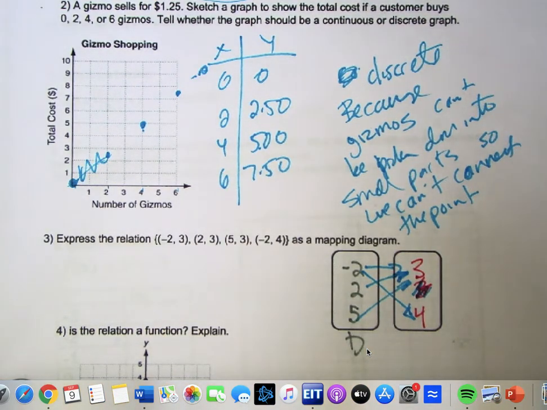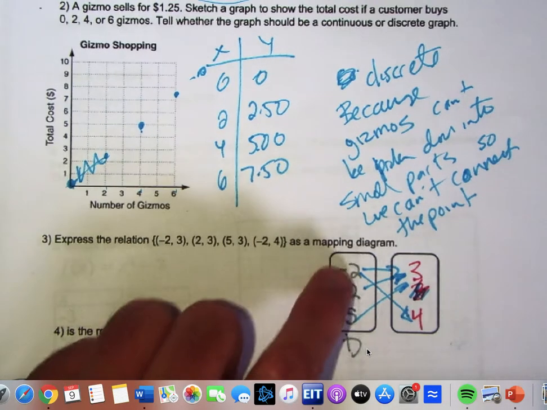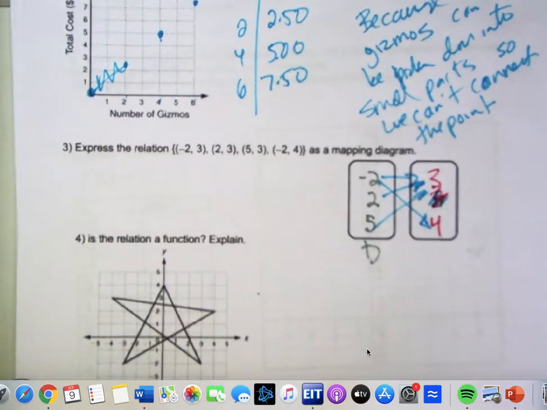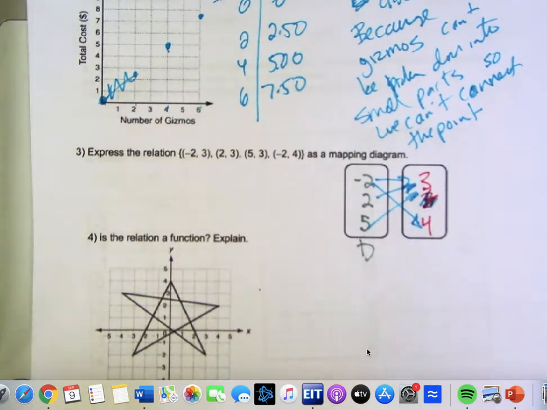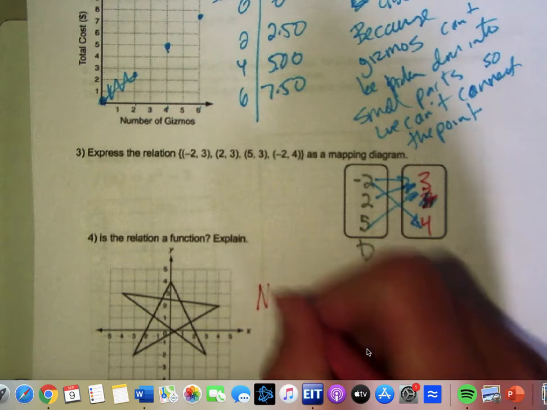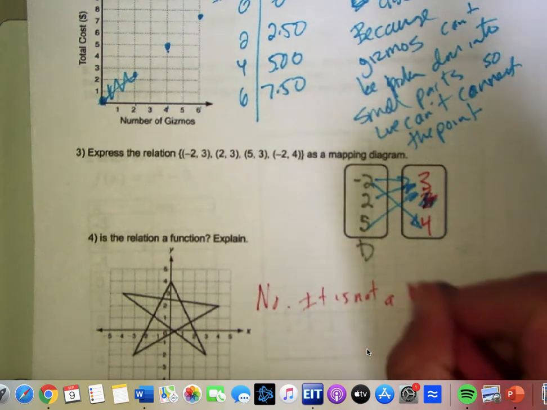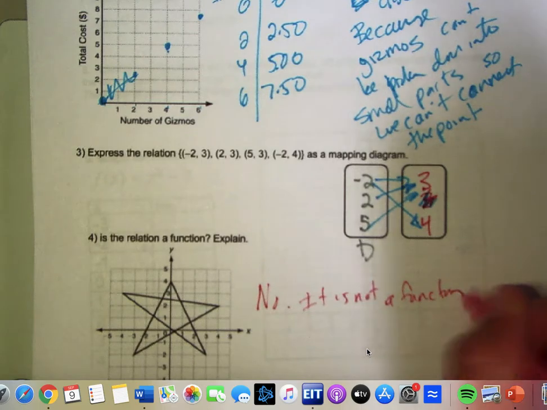But if I asked you if it was a function, do you know? Yes or no? The answer is no. -2 has 2 outputs. All right, is this relationship a function? Explain. It is not a function. Why?